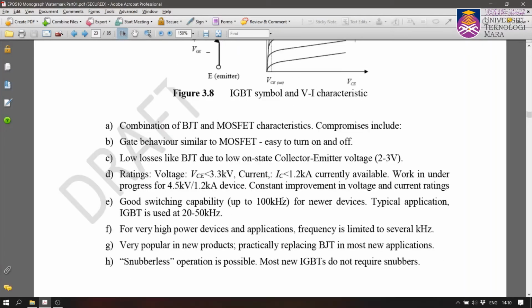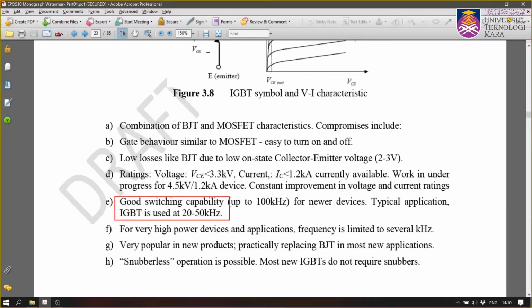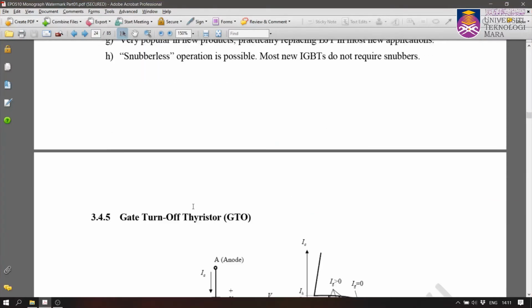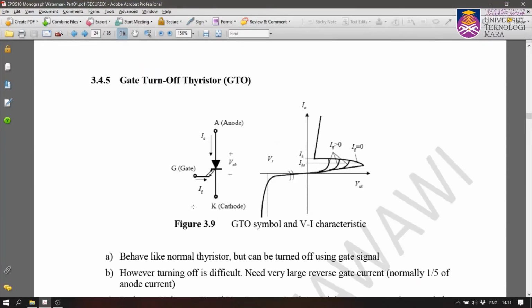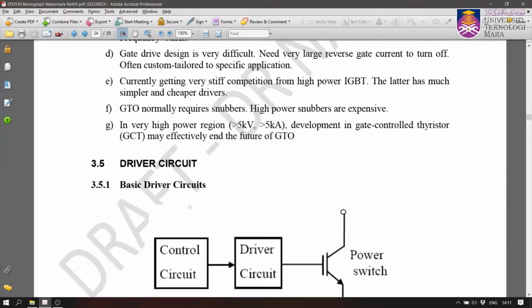So when you refer to the IGBT, it can work up to not so high, I mean, just below the MOSFET, in the range of 100 kilohertz. Then you can use the IGBT. And then we have the gate turn-off thyristor. It's not very popular yet, so you can read that.